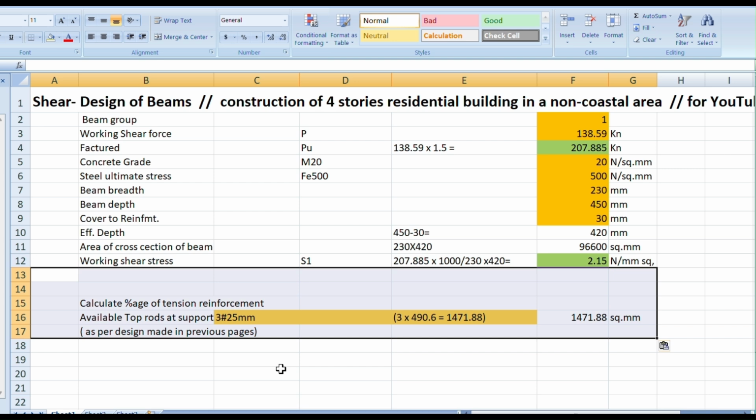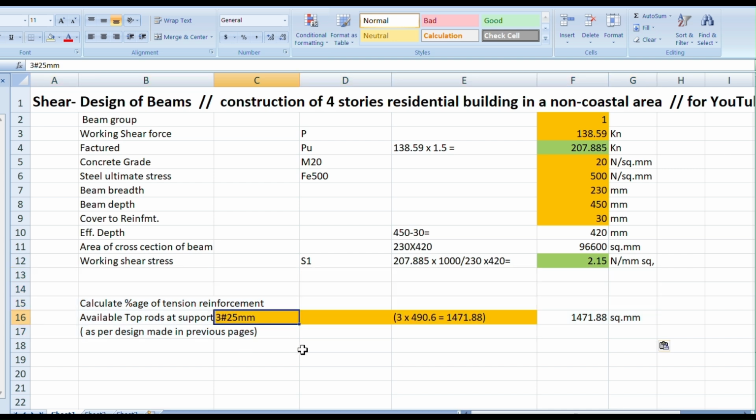Before starting the design, we must find the percentage of tensile reinforcement we have already provided in the beam. In the previous video we designed the tensile reinforcement as 3 numbers of 25 mm rods. These rods come on the top side at the support point.